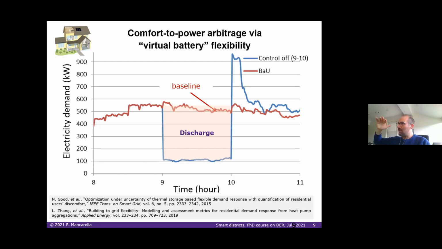When you start your air conditioning system again, you want to bring the temperature down, and depending on the type of system, especially a complex HVAC system in a commercial building, you will start pumping all your fans and everything else at full capacity, so the actual consumption will spike above the original baseline.